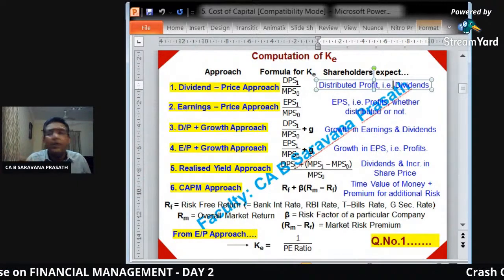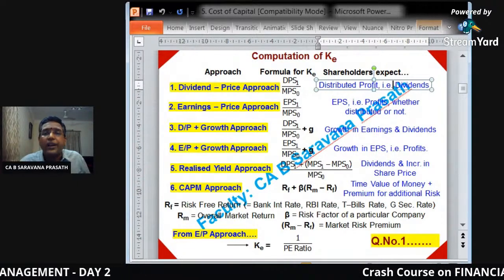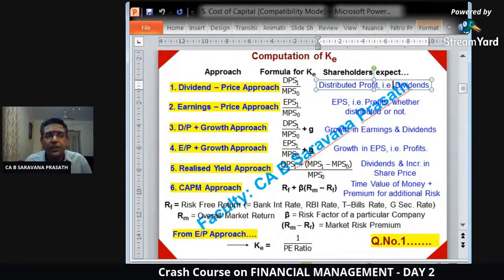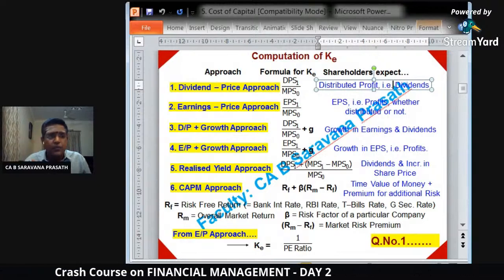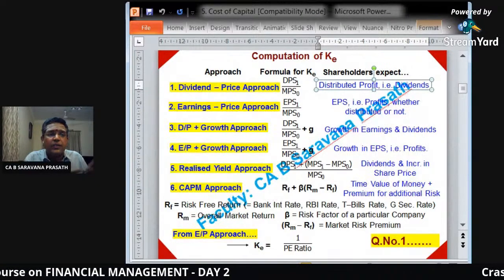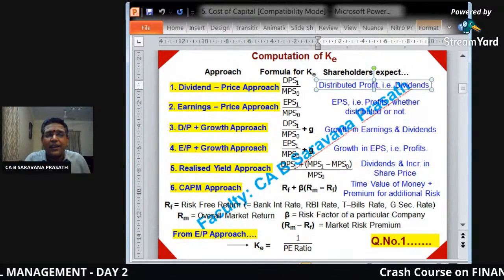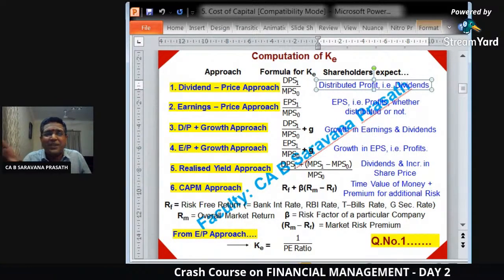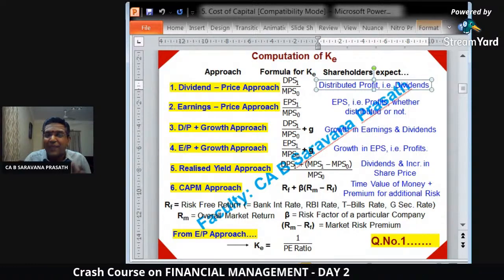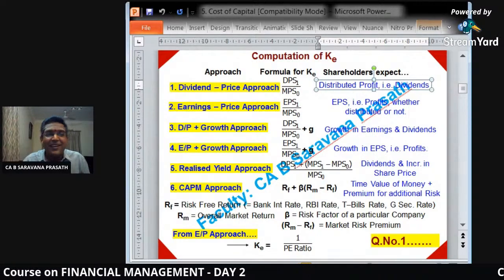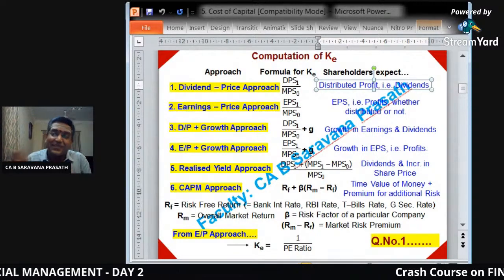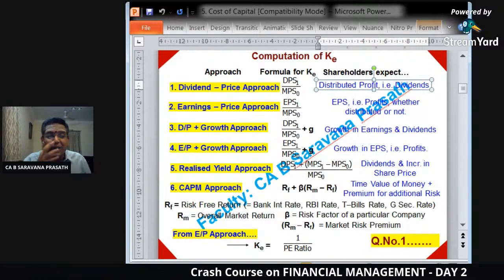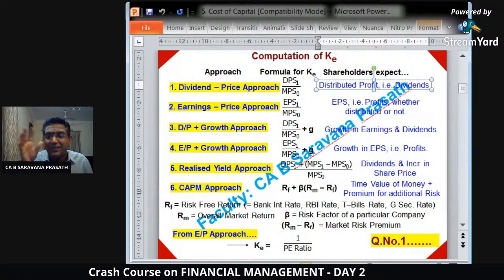For example, the company is able to rotate and generate 40% return on its business. If it distributes that money to me and I put it in some other bank deposit where I get around 5.5%, I will not be happy. I'll be happy if the company holds that money, rotates it, and generates a surplus so that the value of my share increases. So, a shareholder now becomes a very knowledgeable person.